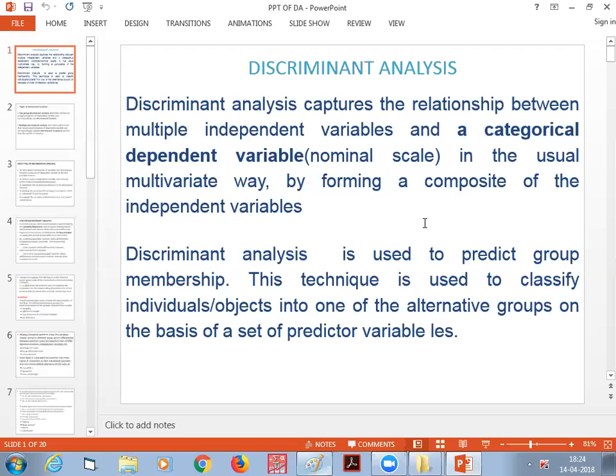For example, take a customer who goes shopping in a mall or a departmental store. He can be considered as a buyer or a non-buyer. He will go and purchase an item.